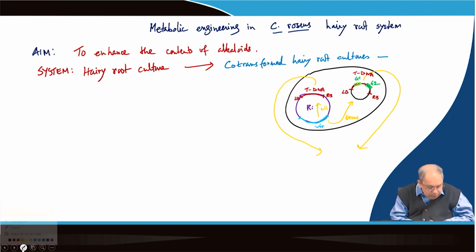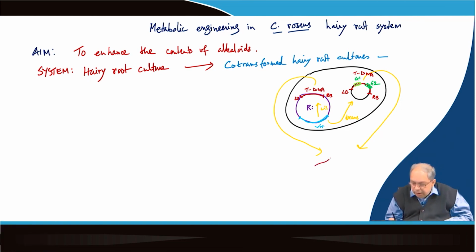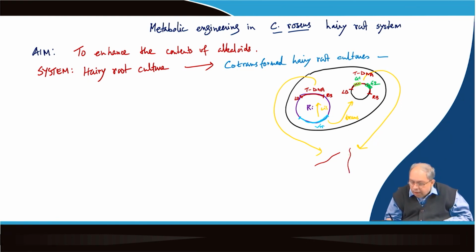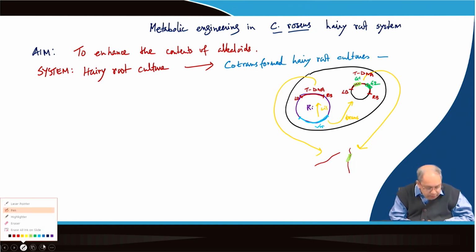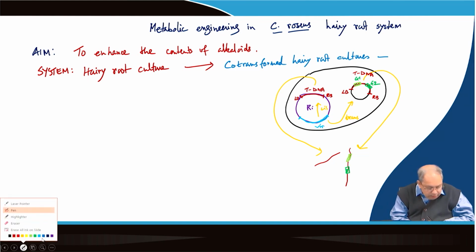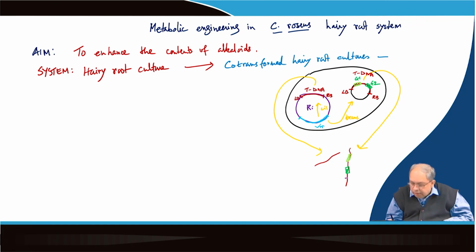Both tDNAs will integrate in the plant genome, and eventually this will be selected based on a marker which is an antibiotic selection marker.